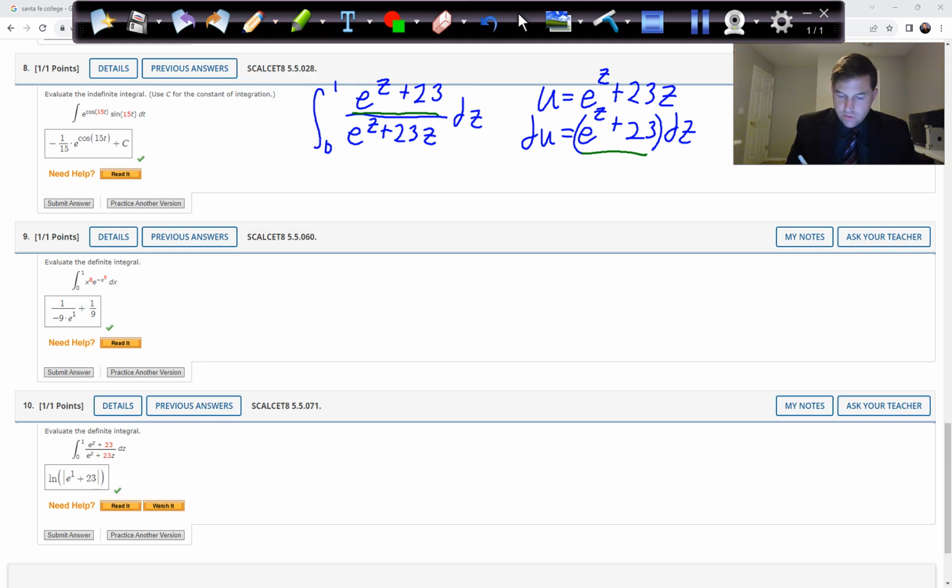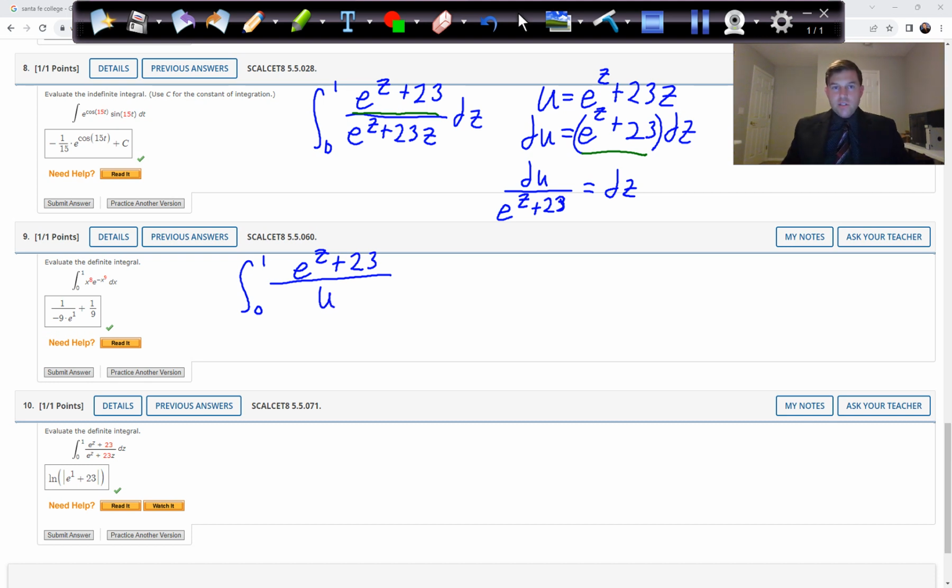So we're going to solve for dz. So du would be e to the z plus 23 dz, and we're going to get the integral from 0 to 1, e to the z plus 23 on top, over u. So the entire denominator is u, so we can replace that wholesale. And then dz, which is really du over e to the z plus 23.